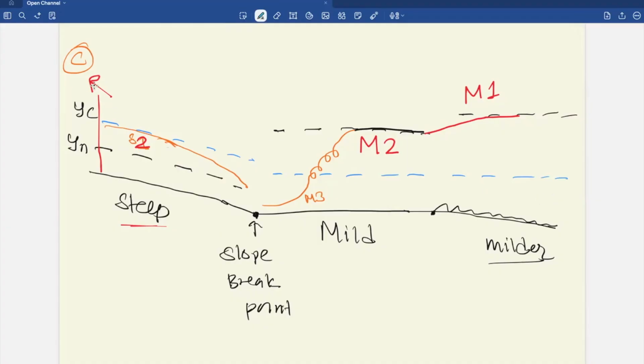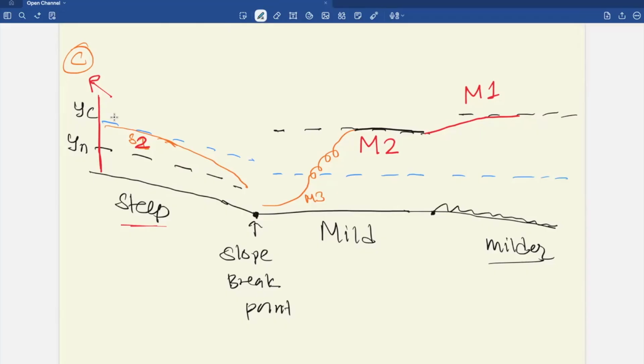Now let's go to question number 1C. Here we can consider this as a reservoir, R, and the reservoir releases water at approximately yc at the channel entrance, and this can act as an upstream control. It is not shown in the homework problem, but I just want to emphasize this as an upstream control.